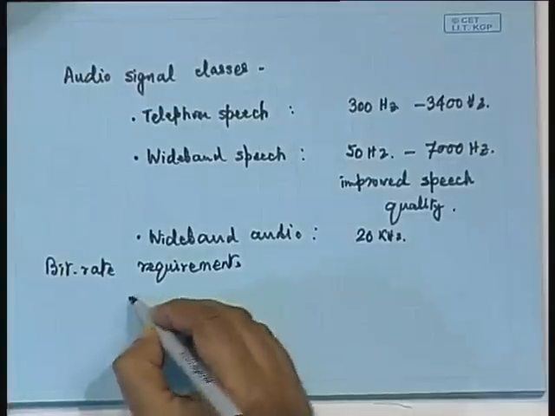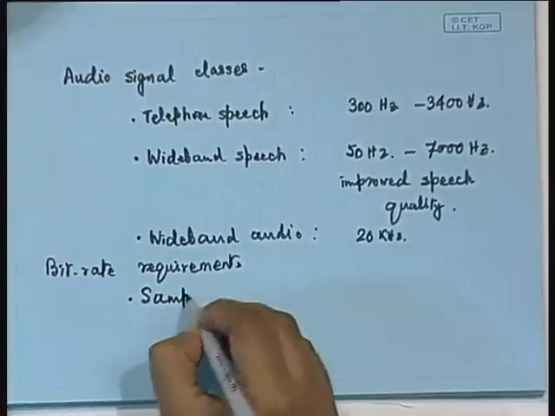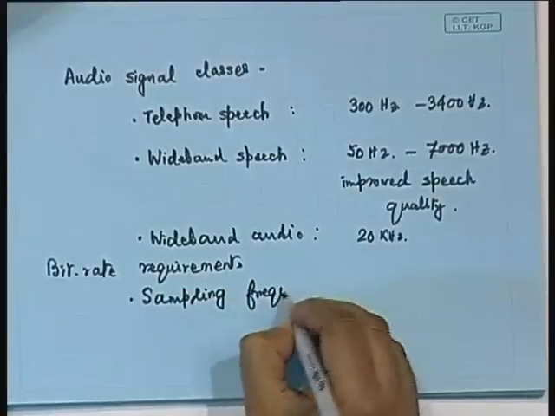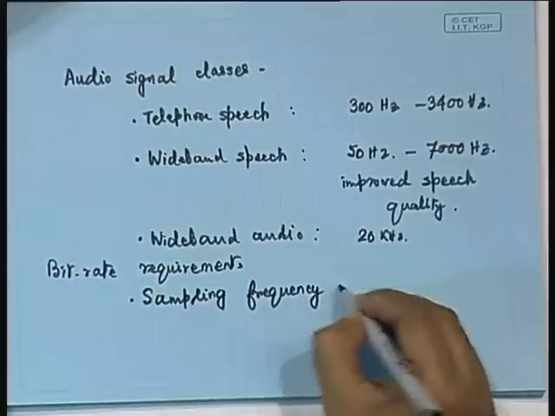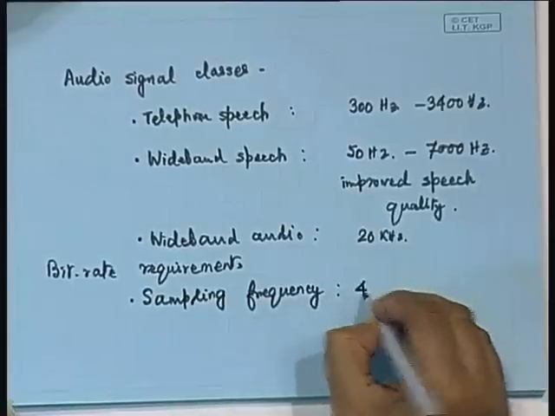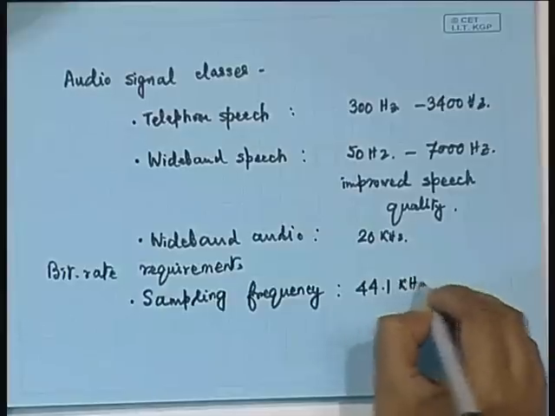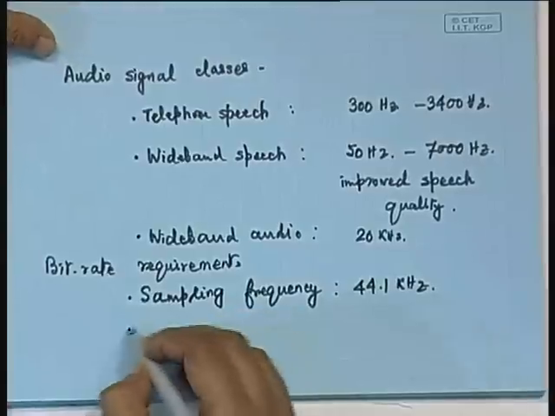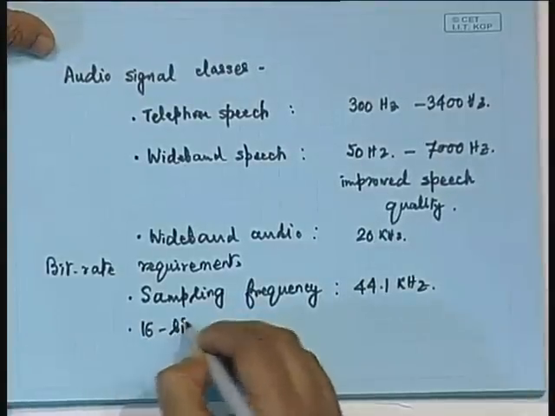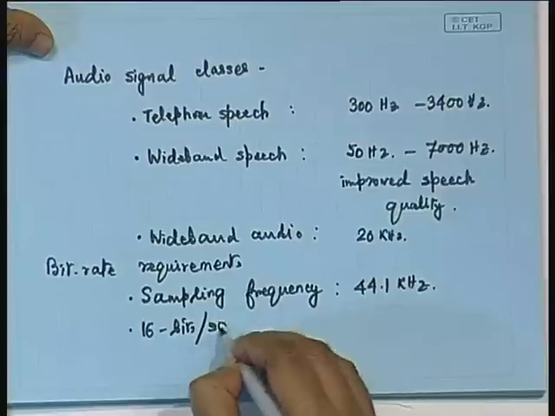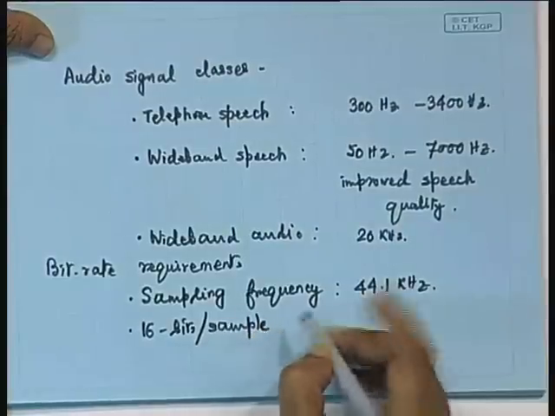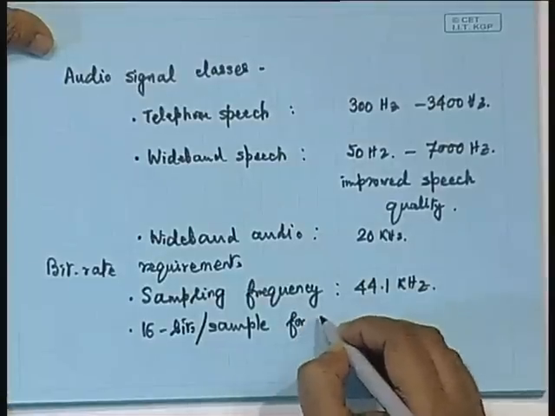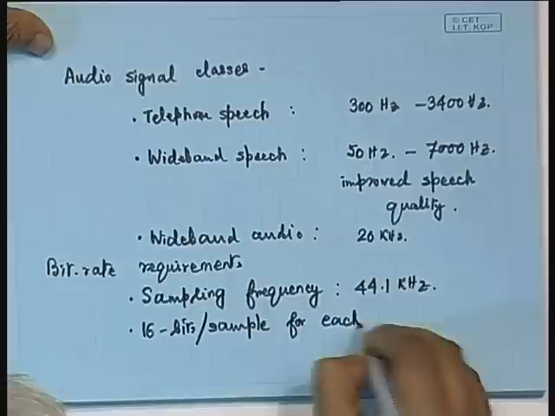So, we use a sampling frequency of 44.1 kilohertz, that is a standard for the digital audio, and at that rate we use 16 bits per sample, and we use stereo quality audio. So, 16 bits per sample we use for each of the 2 stereo channels.